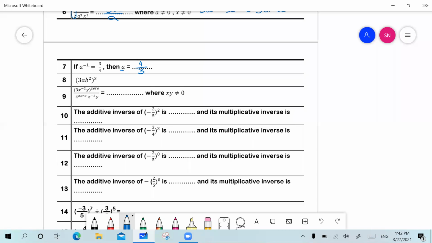Number 8, 3ab to the power of 2, all raised to the power of 3.